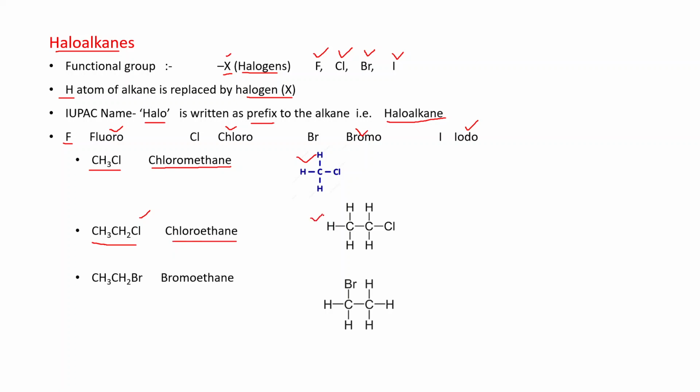Now this Cl may be written at any place, at this place or at this place. In the same way, if Br replaces one of the hydrogen atoms, then we will get CH3CH2Br, that is bromoethane. In this case, we added Br to this position. You can also add Br to this position. Then in that case, this H will go to this position. So this is haloalkanes.